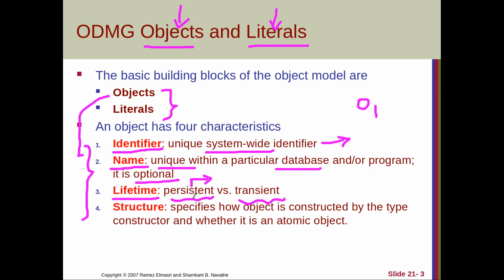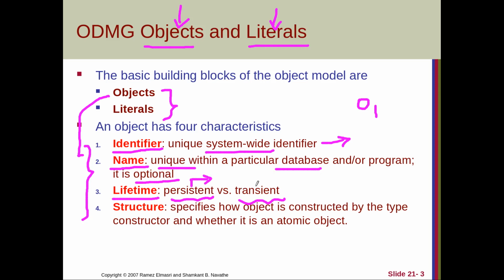Persistent object means if you make an object persistent, this object will be permanently retained within the system. At any time that object will be permanently stored within the database system. Even after switching off the system, the object will remain there within the database system.